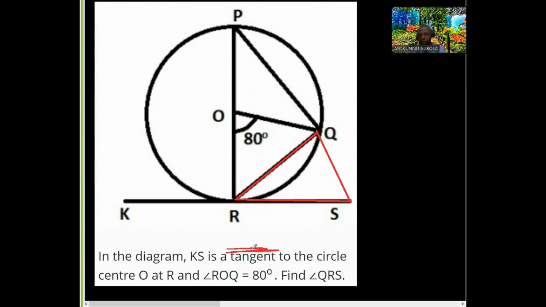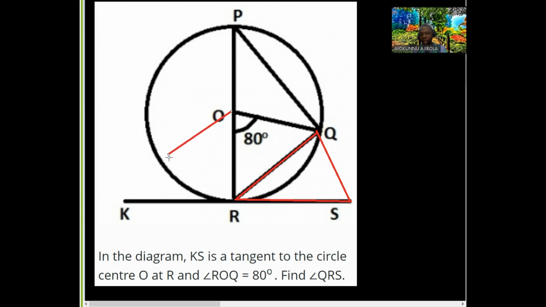Think about tangent. And when you think about tangent, what you are only looking at is that the line is connected to the radius. Do you know what radius is? From the center to any part of the circumference is radius, okay? So it could be from this way, or this way, or this way.